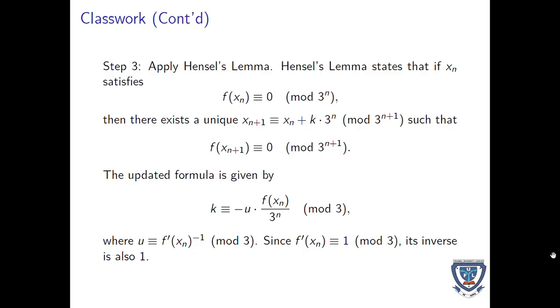Now, the update formula is given by k equal to minus u times f(xn) over 3 raised to power n, mod 3, where u is the inverse of f prime of xn. Since f prime of xn will give us 1, its inverse is also 1.